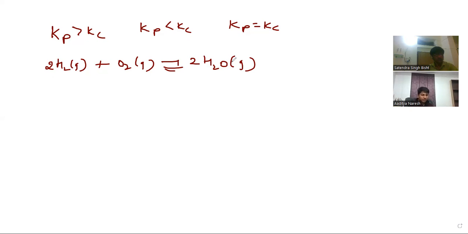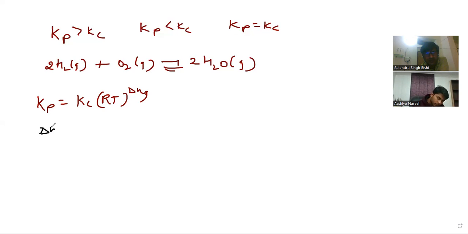Using the same formula, Kp equal to Kc into RT raised to the power del Ng, you can find out the value of del Ng. Del Ng plays a very important role.